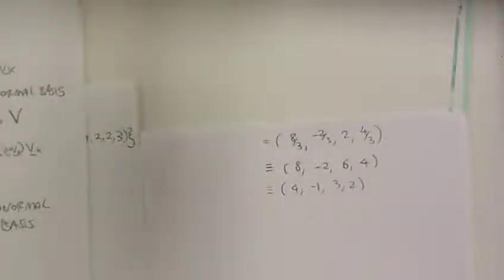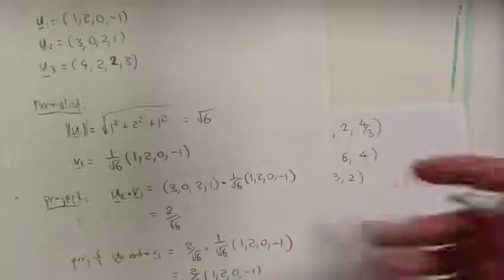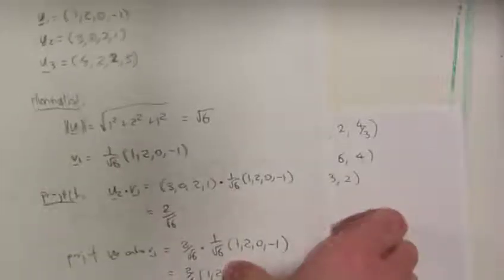So now the last step is to normalize. I've done the project, where I did the dot product and multiplied it by the vector, and then I've done the subtract, and then I've made sure I've cleared all my fractions so things are easier. Now I'm going to normalise.